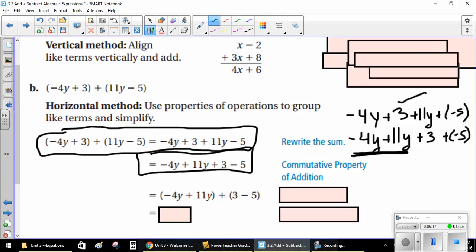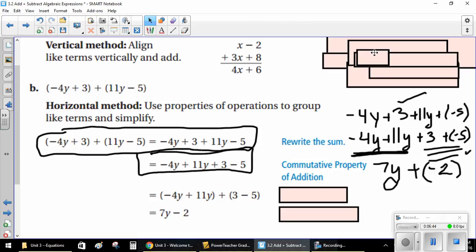So I would subtract 11 minus 4, which would be 7y plus, and then I would look at my constants here, and since my signs are different, I'm going to subtract. 5 minus 3 is 2, and since the 5 gives a bigger absolute value, it's plus negative 2. And if you notice here, that's the answer that we have.